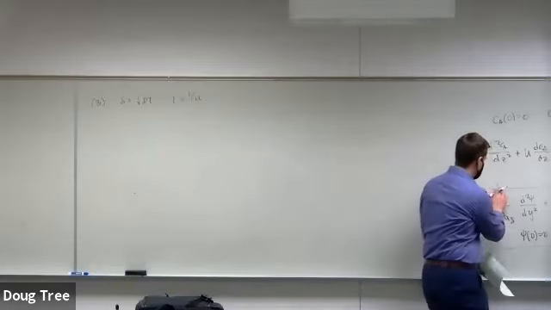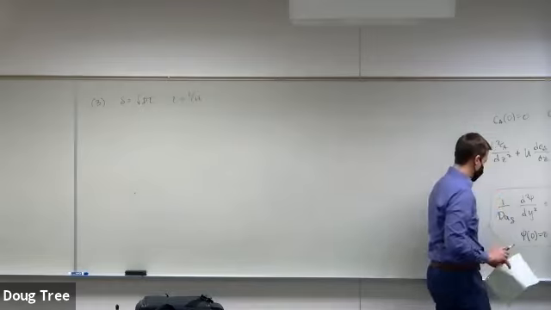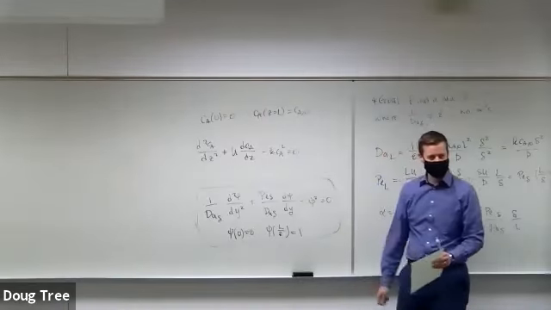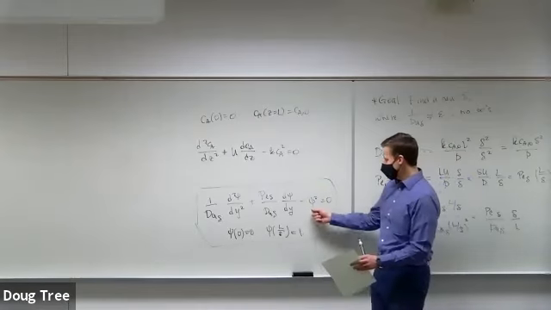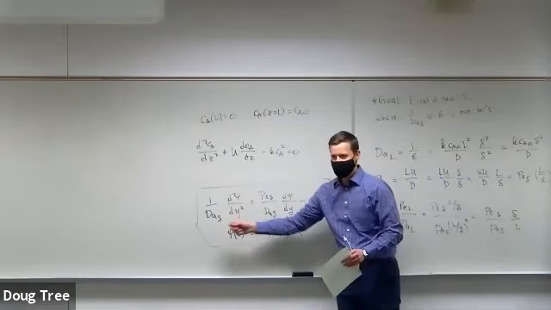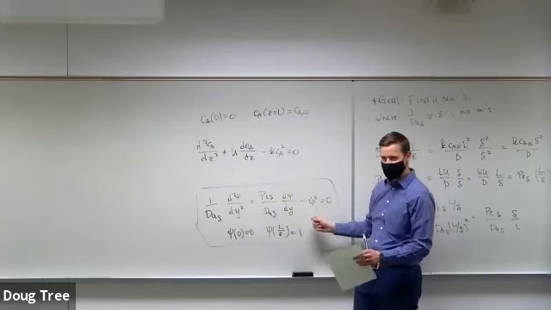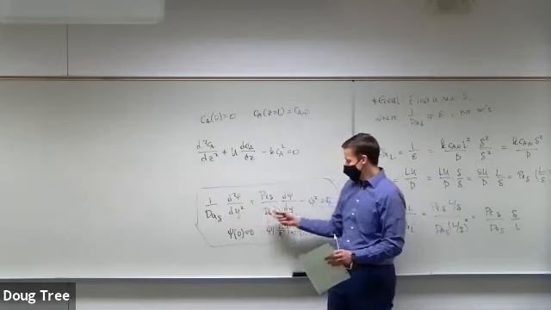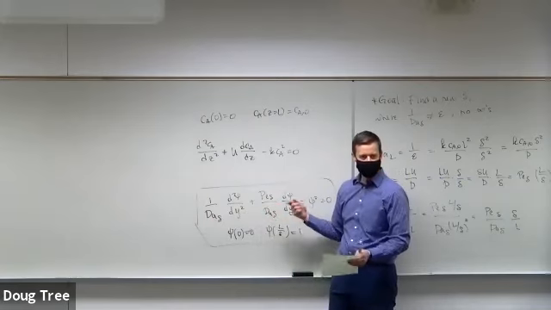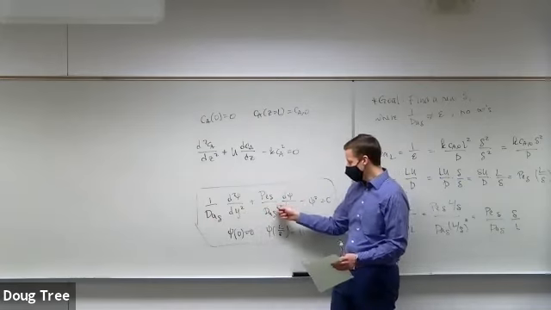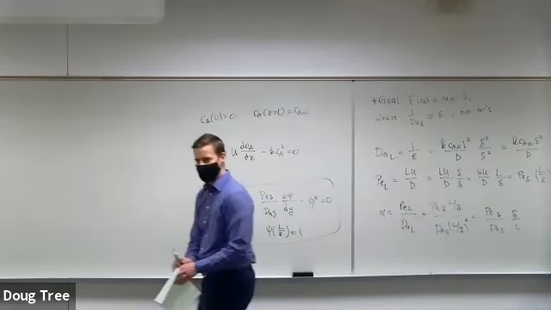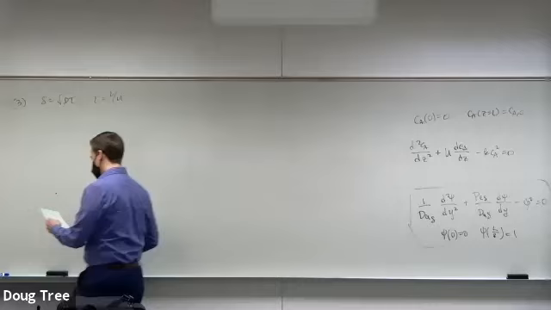And if you step back for a second, what I'm doing is balancing different terms. When I had this term and this term, I picked something that had to do with the reaction, and I basically made the Damköhler 1, and that messed up this guy. So what I'm saying here now is, let me try and balance this guy and this guy and see what happens there. So can I pick those terms to be balanced?